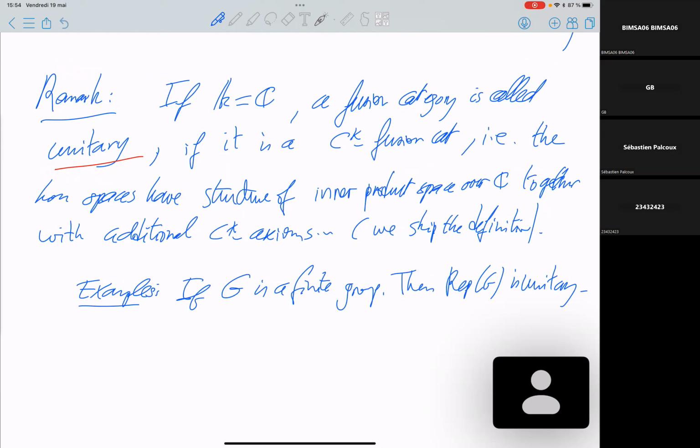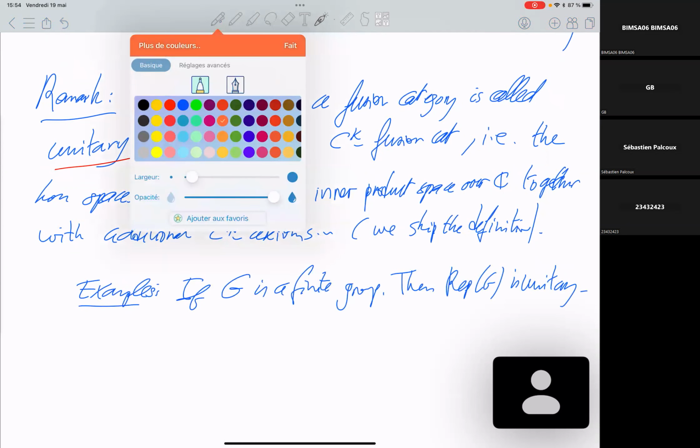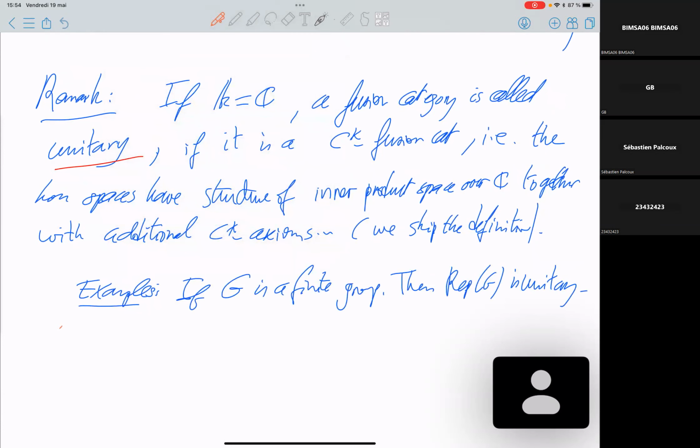Now, warning, this does not extend easily or a priori.